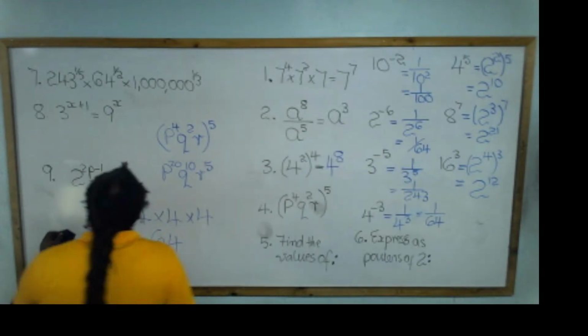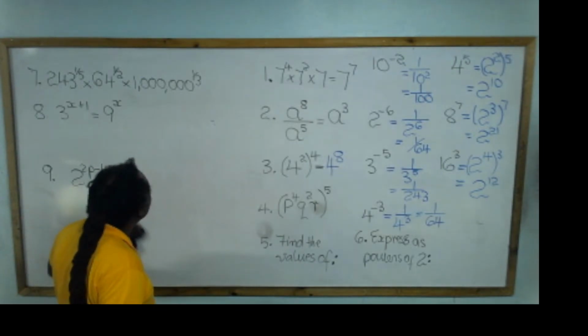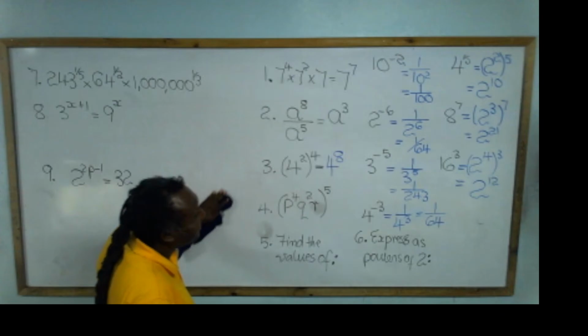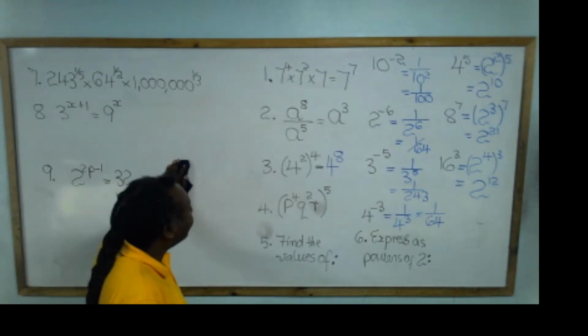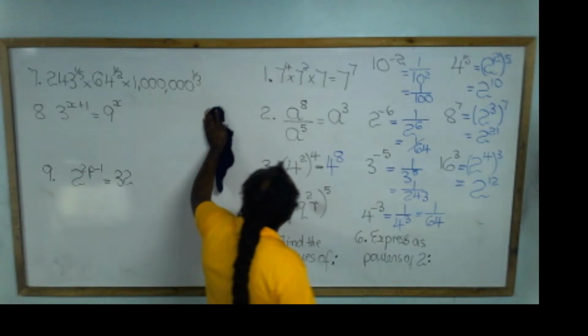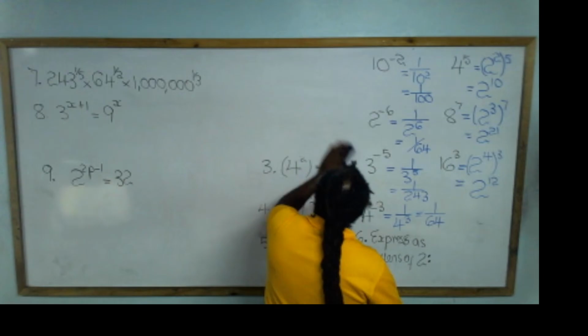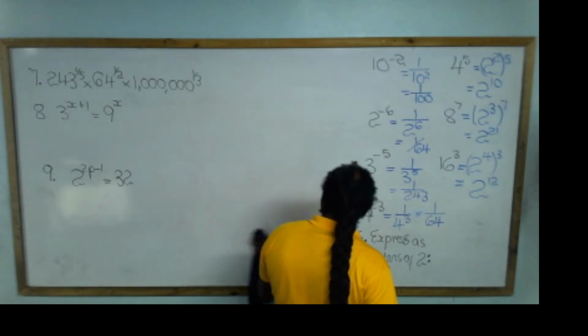All right, so we'll take these out. And do not forget, we have done all of those already. So I'm going to erase all the way down to number 5. I'm not going to erase anymore.